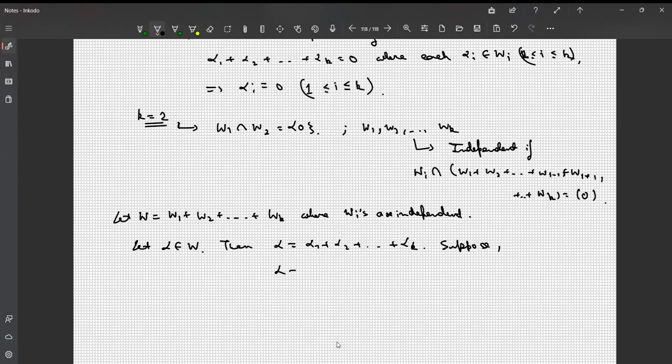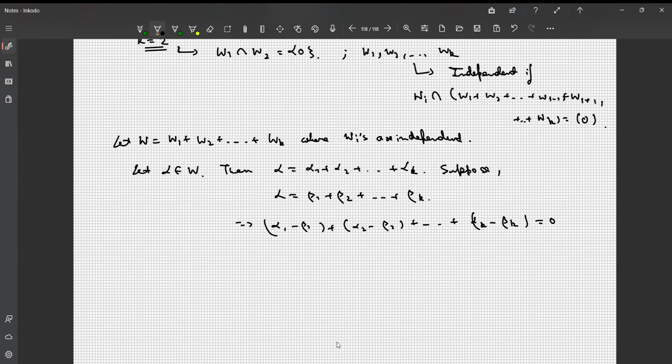Suppose alpha can also be written as beta 1 plus beta 2 till beta k. But that implies alpha 1 minus beta 1 plus alpha 2 minus beta 2 and so on till alpha k minus beta k becomes 0.